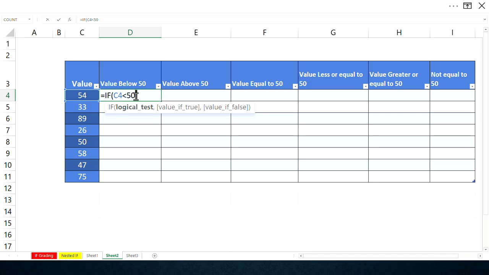This is the test. Separate it with a comma. You have to take caution of the punctuation. So we separate the test from the value with a comma, as is displayed here.